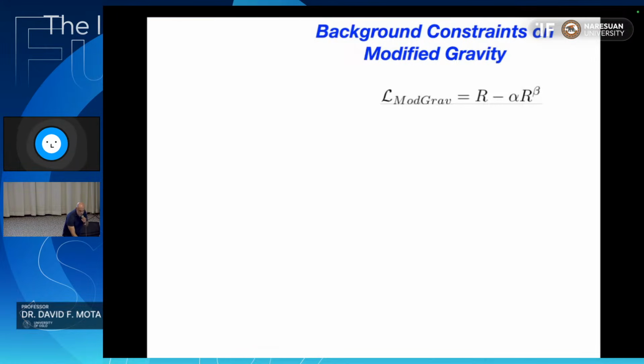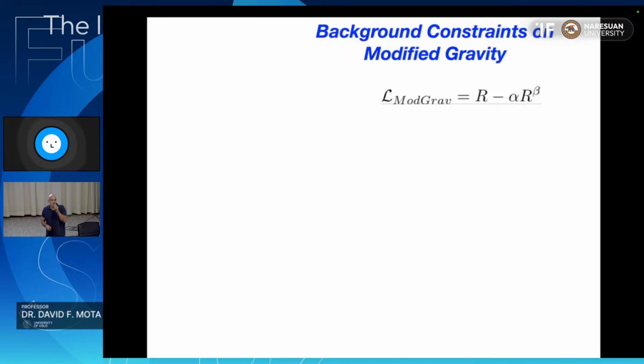Good. So just to give you an example, let me show you using data from supernovae type Ia, the distance to the baryon acoustic oscillations, and the distance to the CMB first peak, the shift parameter, to ask the question: how much can I deviate from the Einstein-Hilbert action? So I include a term where alpha and beta are free parameters.